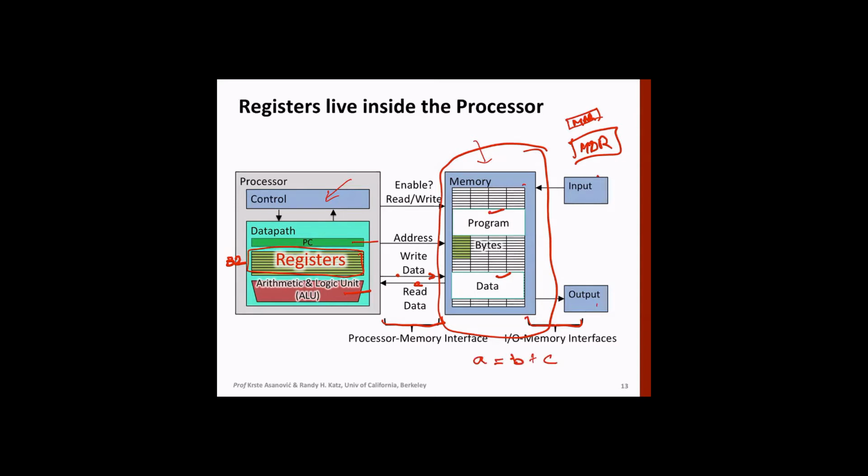Here, because we are going to a lower level, we'll have to see where B is, where C is. For example, B and C could be in registers. Values stored in, say, register 1, register 2 will have C, then addition is performed and finally the result is sent to register A. So we'll look at that.